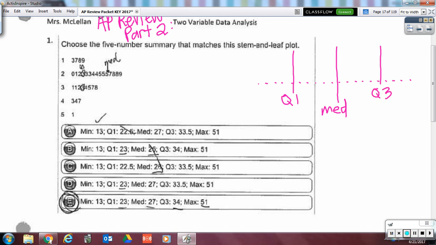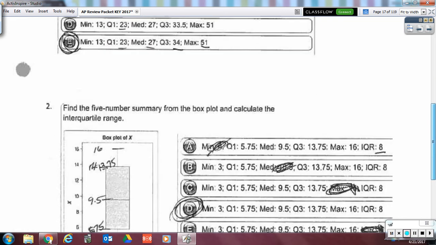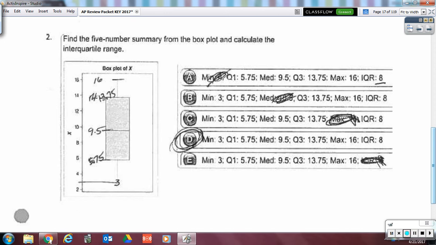If you're in between two numbers, then you'd have to average them. But if you're not real confident on your ability to count, you could do one variable stats and put in list 1, and it'll do the 5-number summary. This one here, straight up, is just understanding the anatomy of a box plot and looking at the scale to the side.